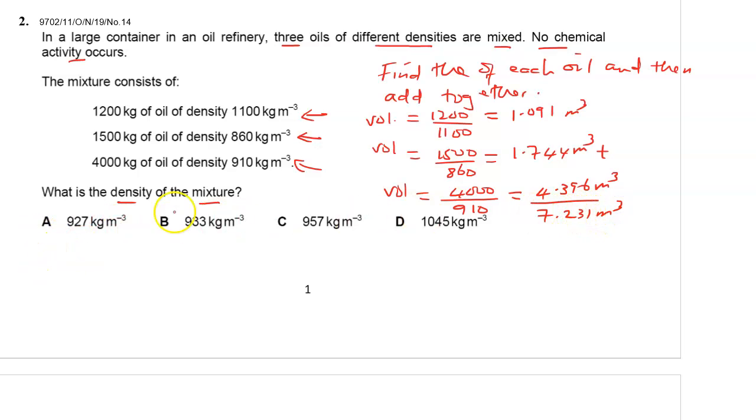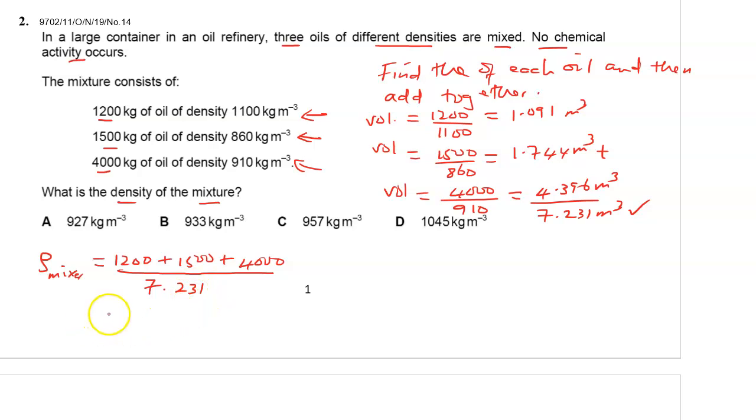So now we need to find the density of the mixture. So the density of the mixture is equal to their total mass. This density is mass divided by volume. So we have 1200 plus 1500 plus 4000, and all of these divided by the total volume of the three oils mixed, which is 7.231.